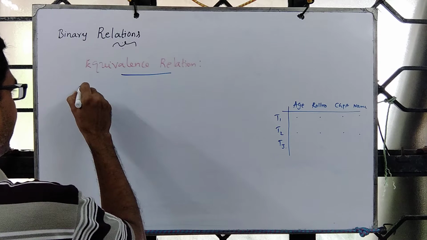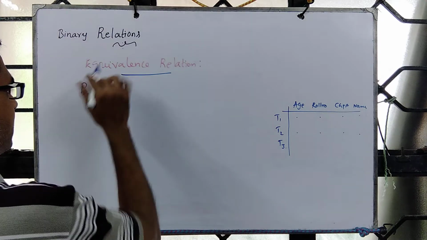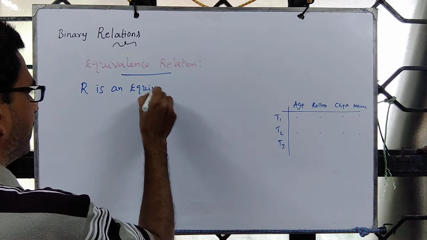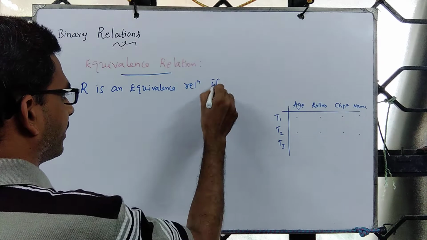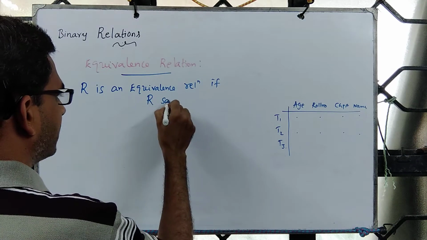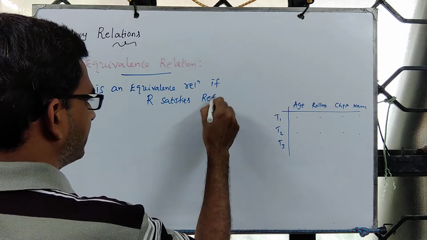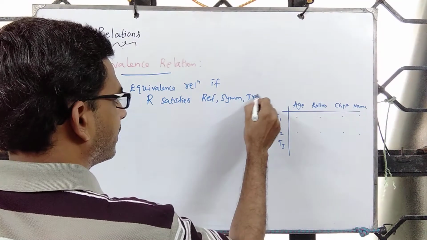When do you say a binary relation is an equivalence relation? R is an equivalence relation if R satisfies reflexivity, symmetricity, and transitivity.